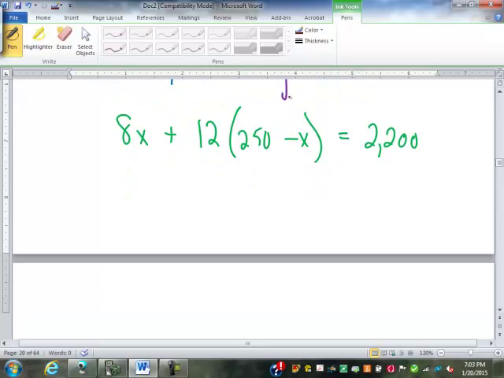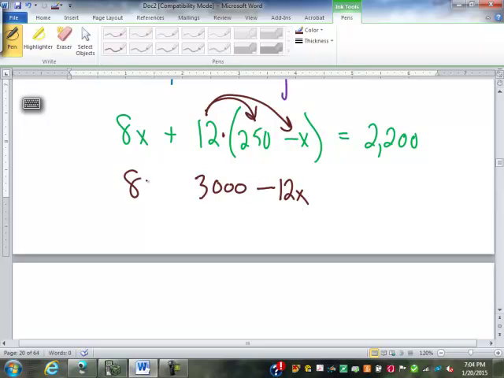What do we do to solve it? We see parentheses, which screams that we have to start there. Anything to do in the parentheses? No. How about to the parentheses? Yes. 12 times 250? 3,000. 12 times negative X. Negative 12X.